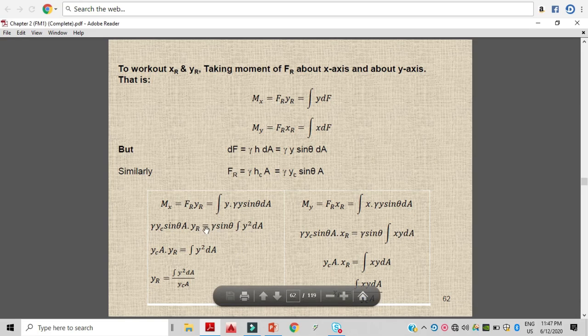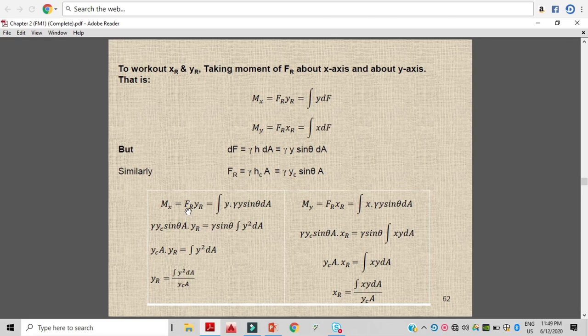Now simplifying this. After simplification we end up with, in the next step, what we actually have done, this is FR yR, and our objective is to find out yR and xR.